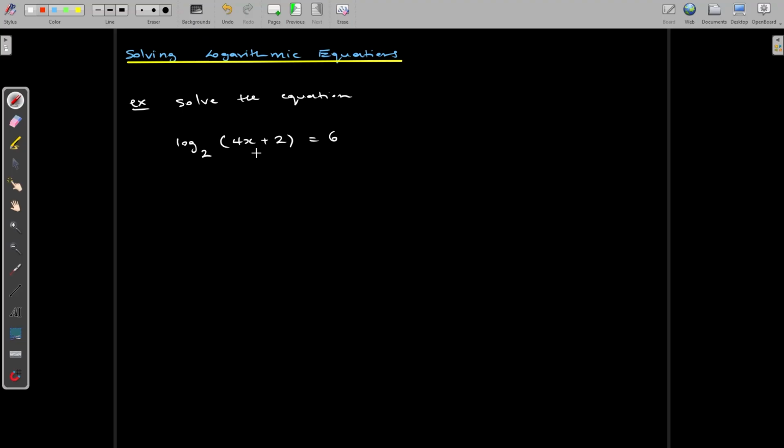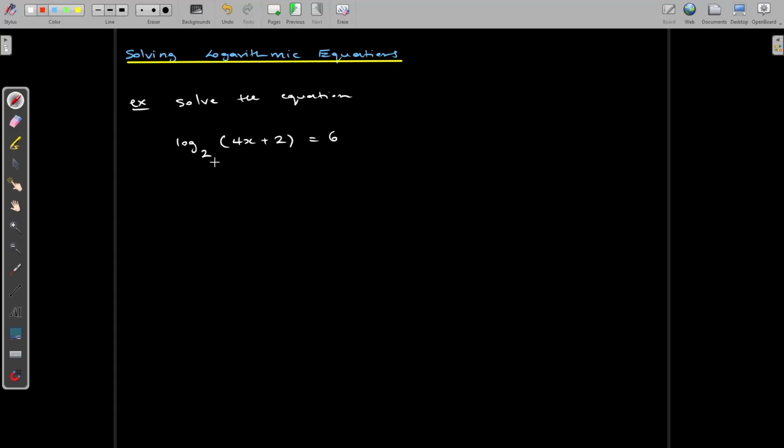And how do we do that? How do we go from a log to an exponential? Sir, can we break that up? No, we can't. There isn't any law that governs that. Oh, so we rewrite it then in exponential form. Yeah.